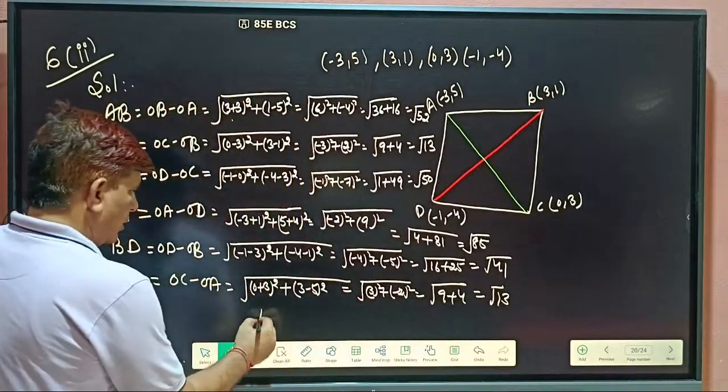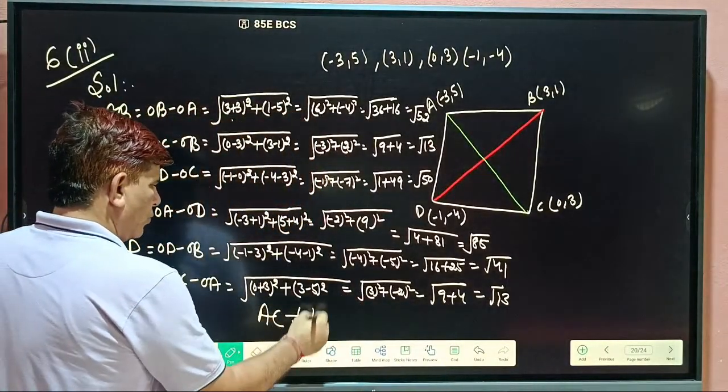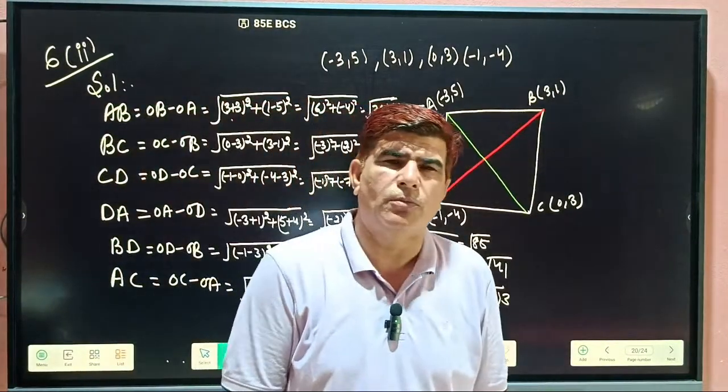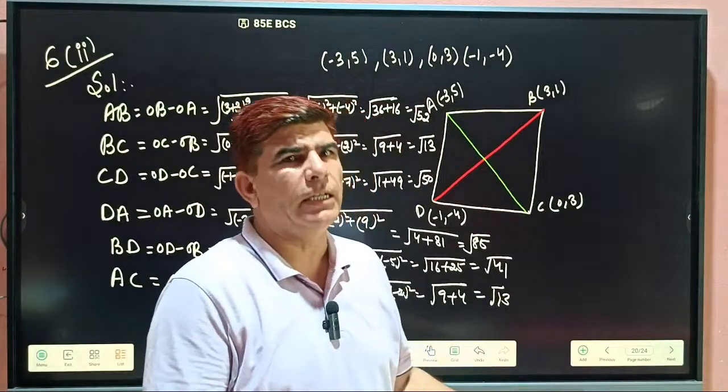So here AC is also not equal to BD. So we cannot say what type of quadrilateral this is, but we can say it is a quadrilateral.